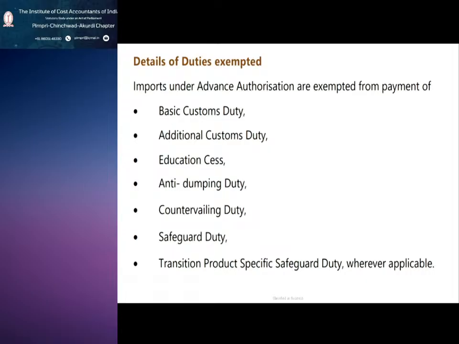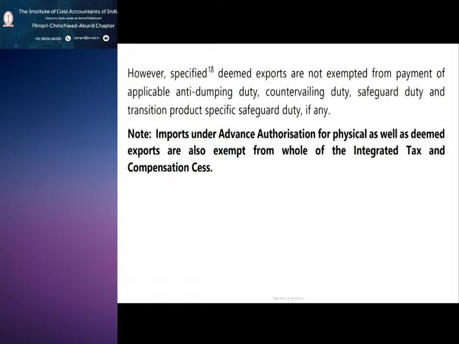These are the different types of duties: BCD, additional customs duty, education cess, anti-dumping, countervailing, safeguard and specific safeguard wherever applicable. So again the same point is repeated here. For the deemed exports, these are not exempted from the payment of anti-dumping duty, countervailing duty if any.